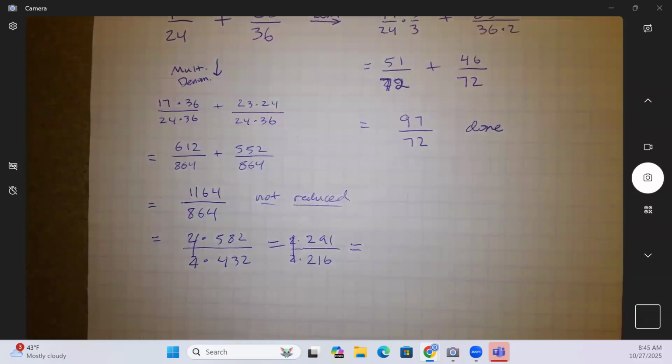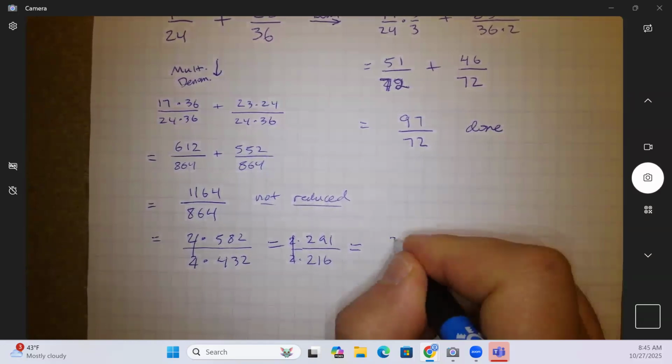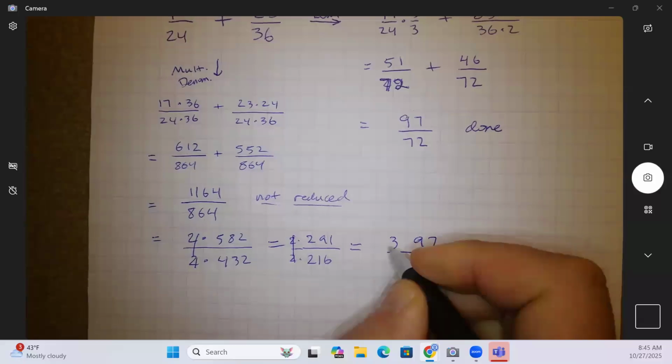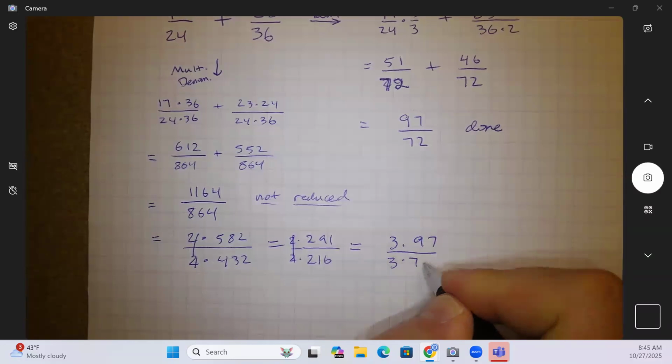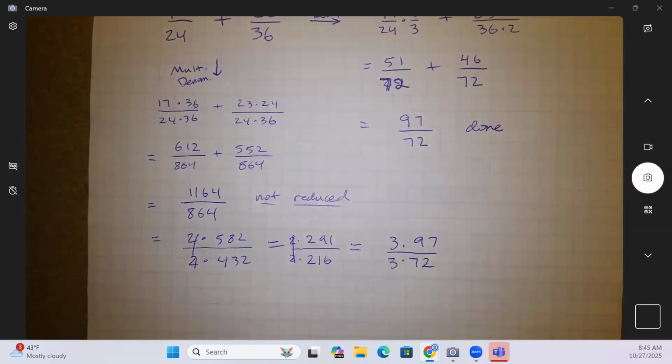All right, so 5's not going to work because they don't end in 5s. 2's not going to work because the top one's not even anymore. 7 might work. I haven't tried 3 yet, though, so let's try 3. Oops. 291 over 3. Aha, that gets me to the 97. And I'll get the 216, and sure enough, it's 72. And those cancel.